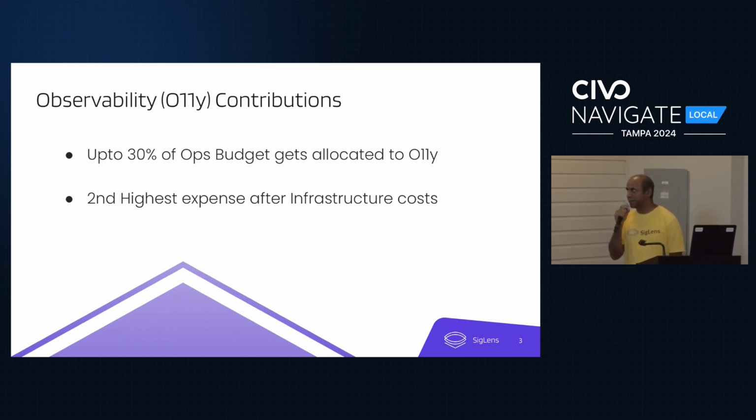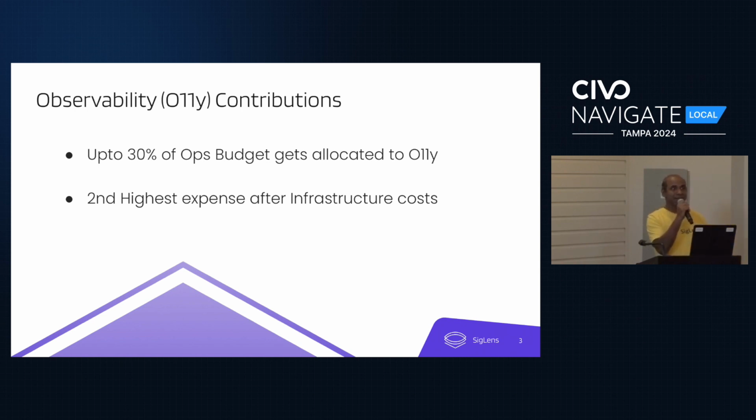So what is observability's contribution to this 2% emissions that we have? Observability contributes up to 30% of your cloud infrastructure spend. Companies that are much more mature spend up to 30% of their cloud budget on observability.